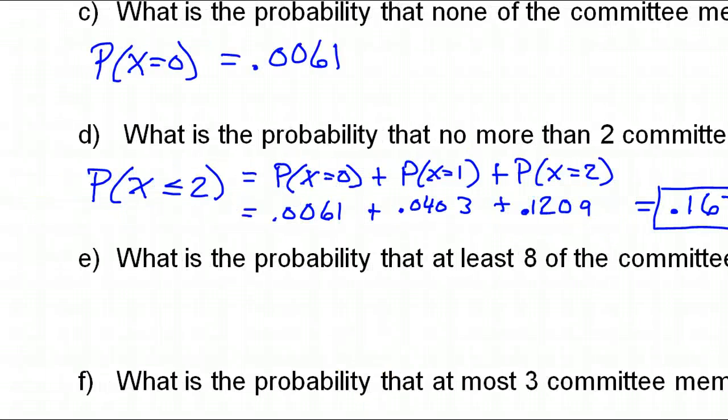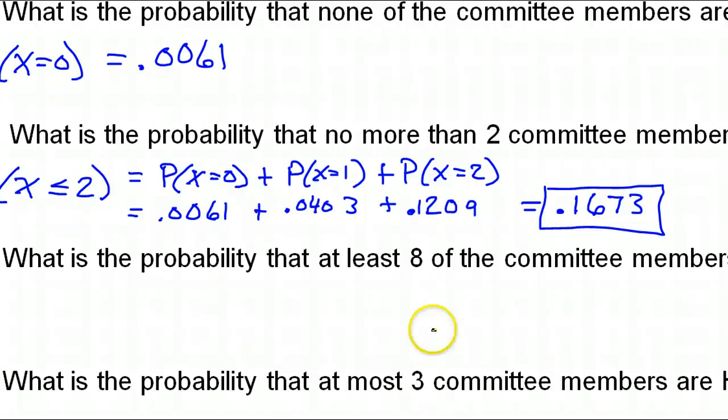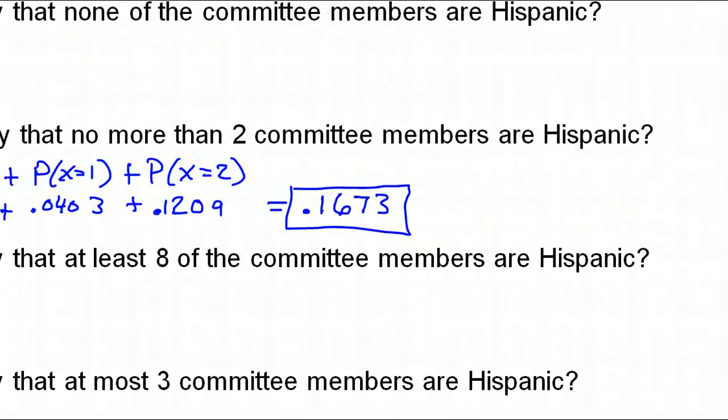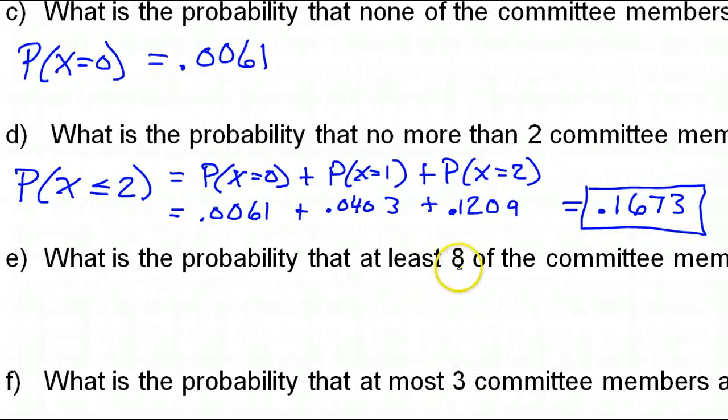Okay, what's next? What is the probability that at least 8 of the committee members are Hispanic? At least 8 means 8 or more. So start with the symbols for full credit. So we're doing the probability that x is greater than or equal to 8. That's what at least 8 means.